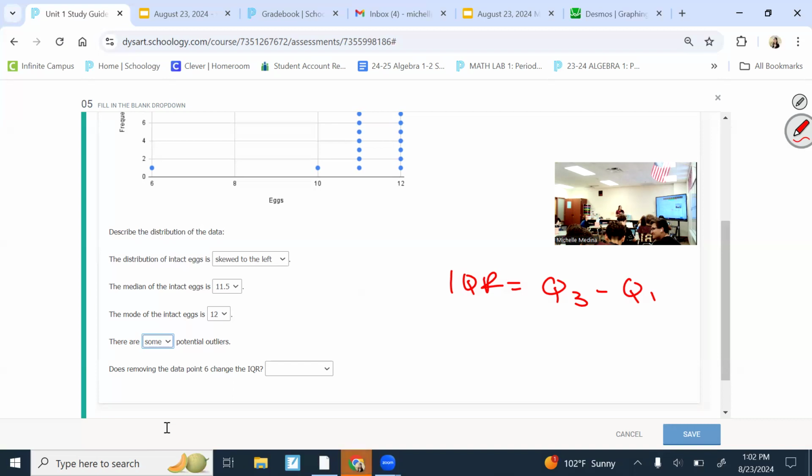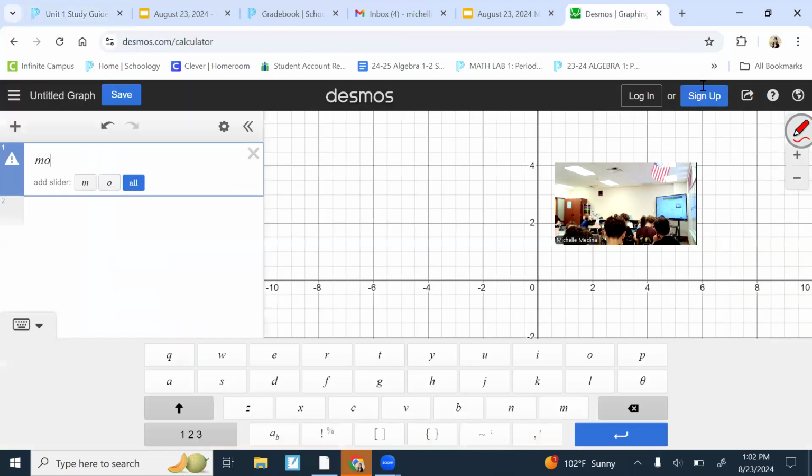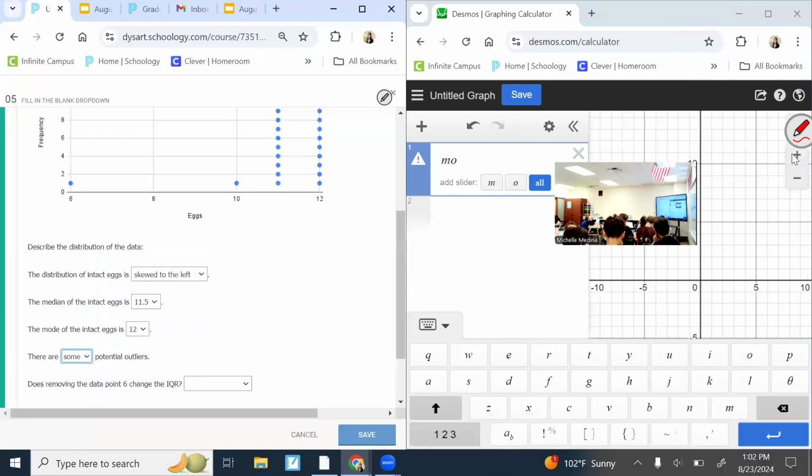Now I've taught you how to find both of those by hand, but it is a little tedious, I'm not gonna lie. What I would think is probably easier, especially since we're now having to find two IQRs basically, is using Desmos for IQR. That's what I'm gonna do.